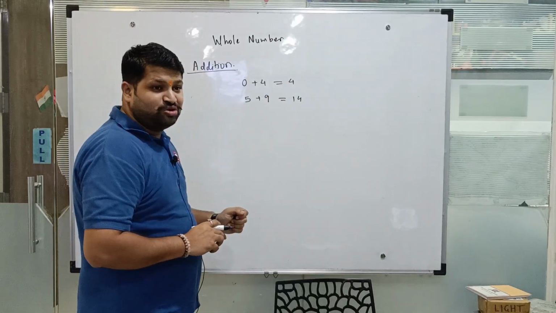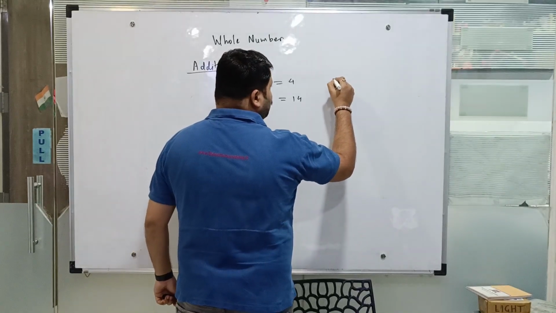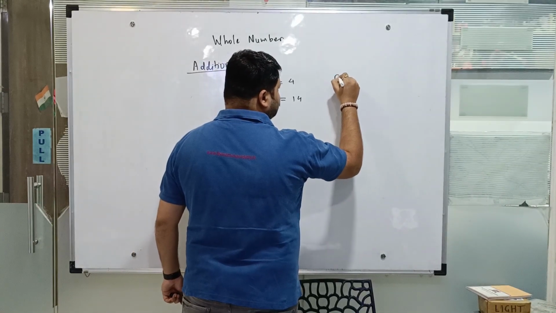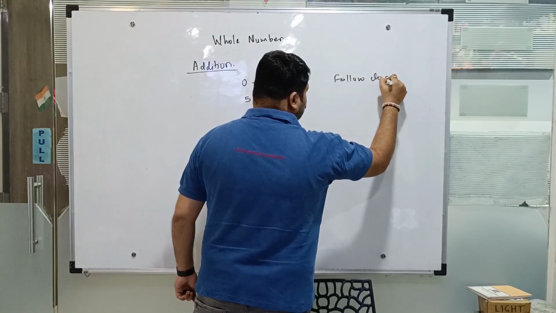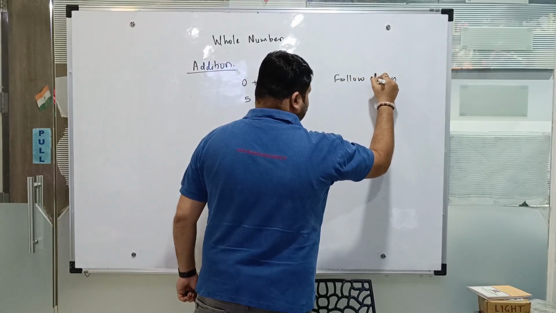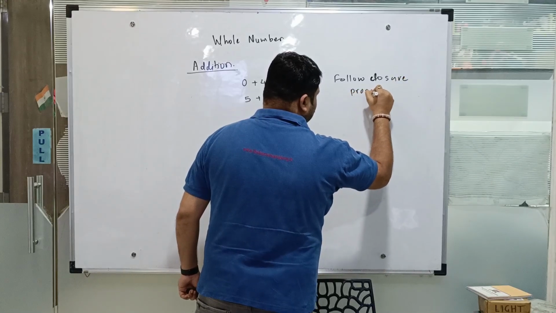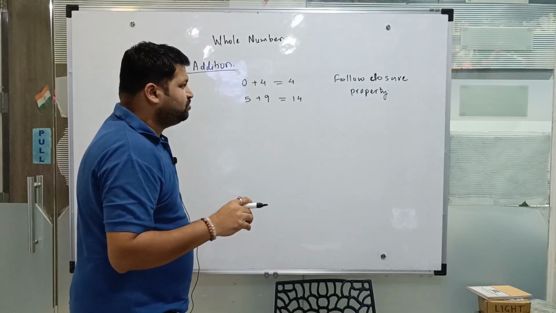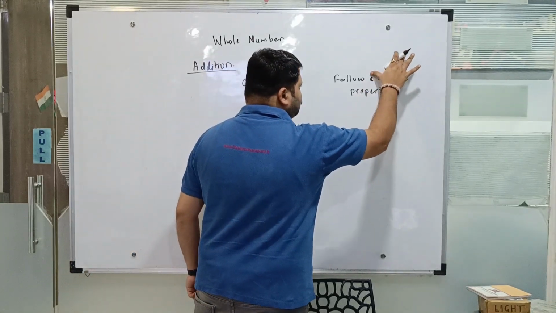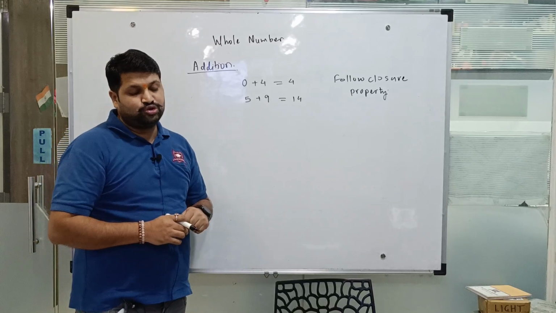Therefore we would say that the addition of whole numbers follows the closure property.